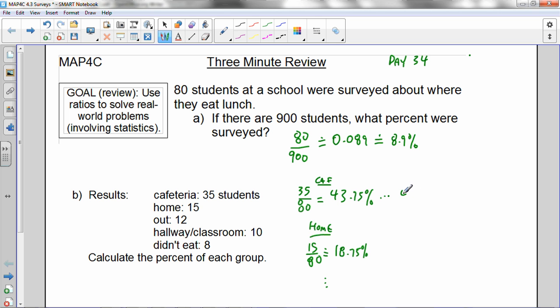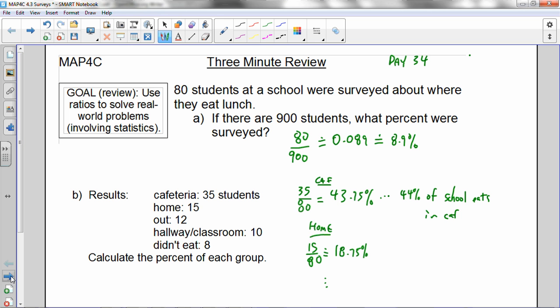So we say, since 44% of our sample ate in the cafeteria, 44% of the school probably eats in the cafeteria at the school. And that's why we sample, right? We don't want to have to talk to all 900 when 80 will do.